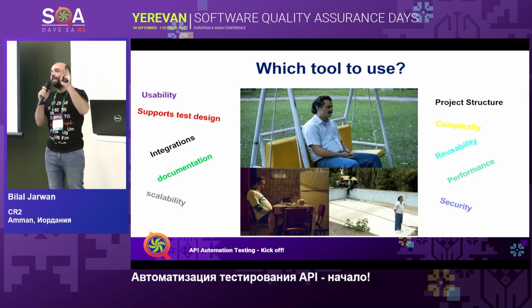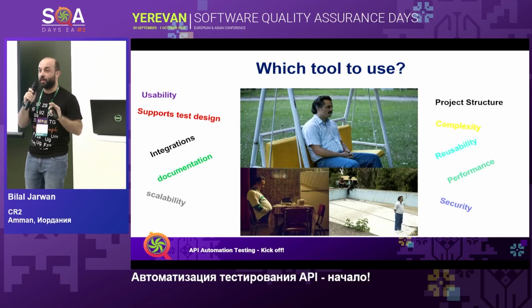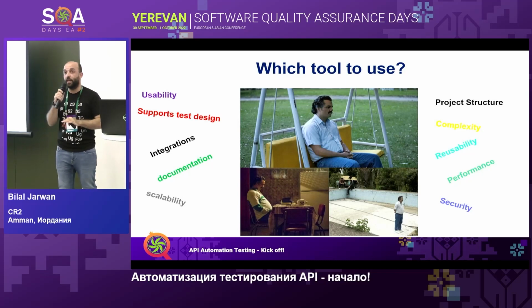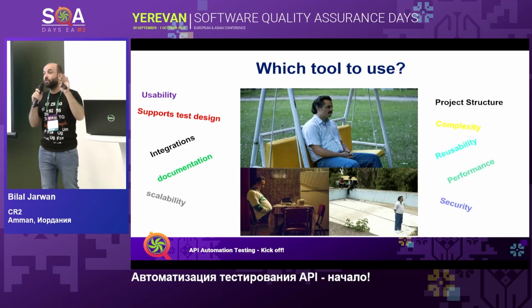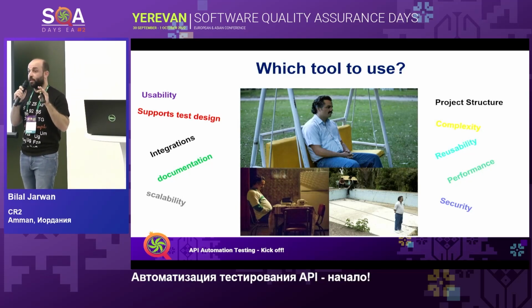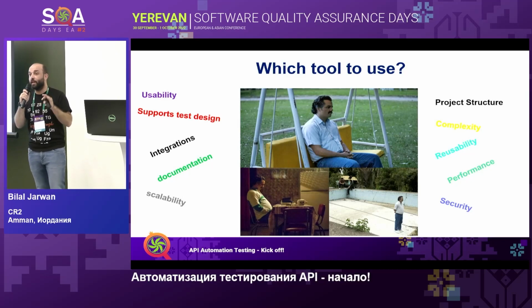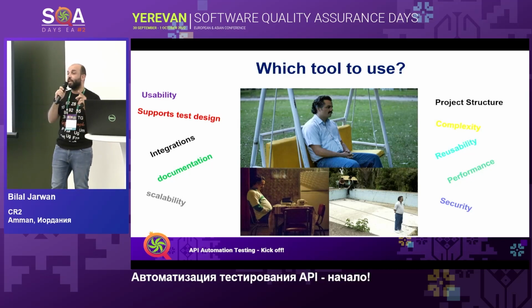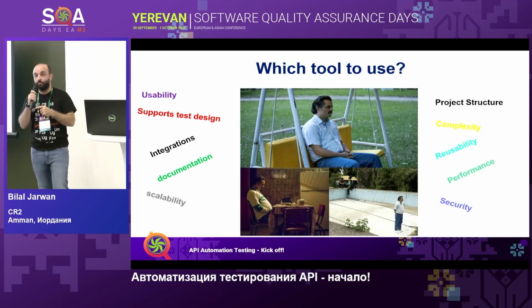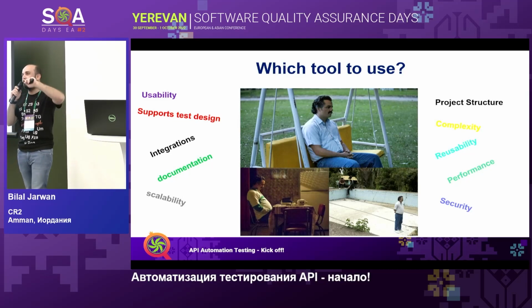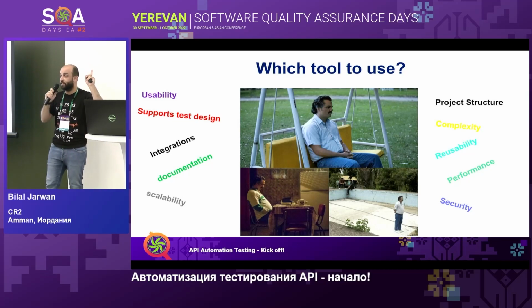There are three main tools used in the market, and I would say 90% of the people who use APIs in their work and automate them use one of the three tools that I'll show now. We mentioned Postman, we mentioned JMeter, but actually JMeter is not one of the best tools used in the market.